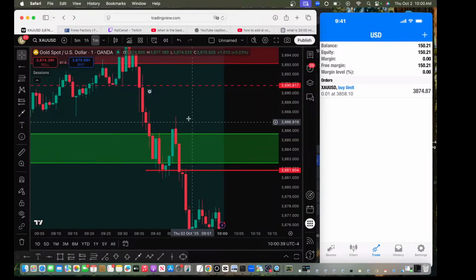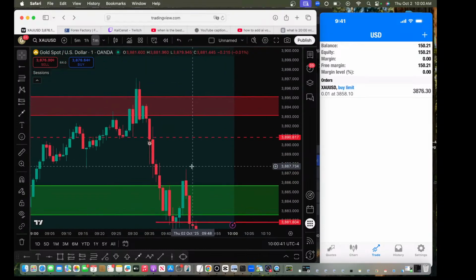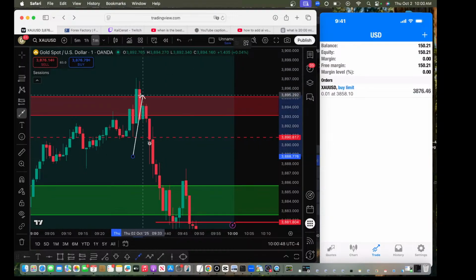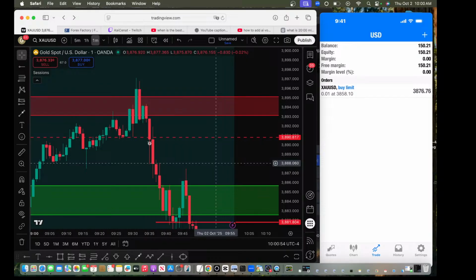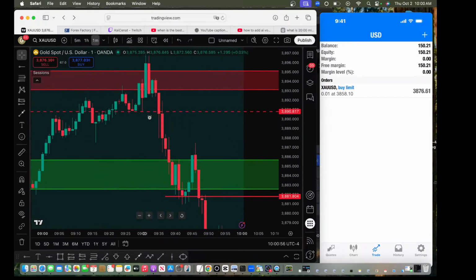Like I said, the trades for today, originally I was looking for buys. I was looking for a breakthrough and retest of this point right here, but obviously price didn't give us that. So the next play was right here.